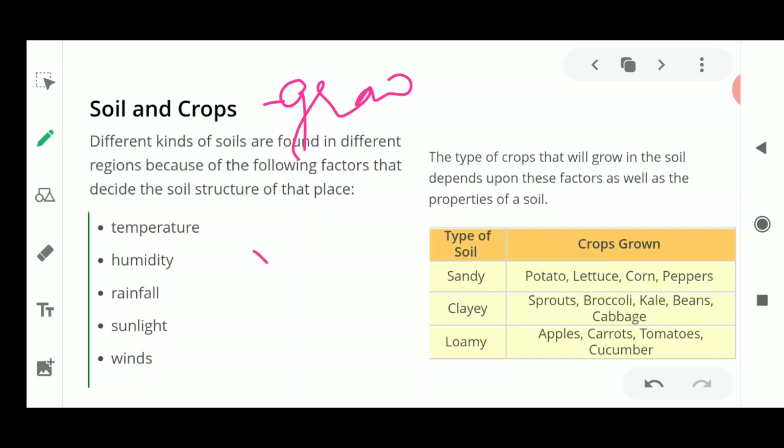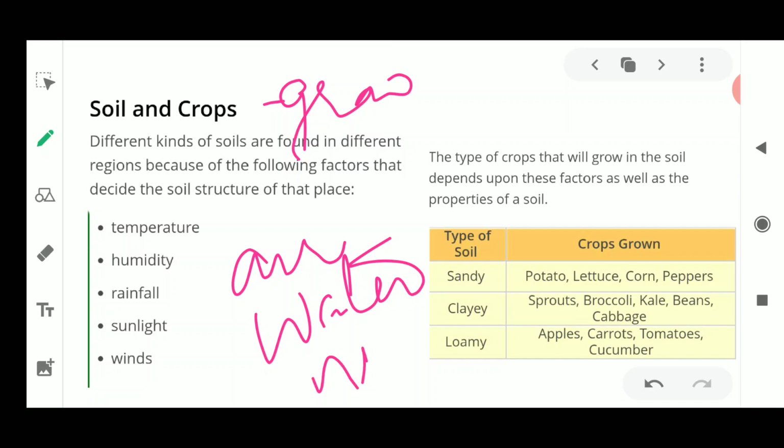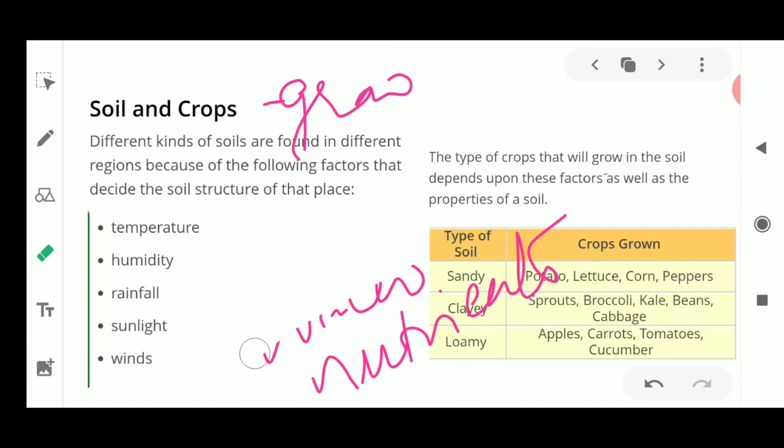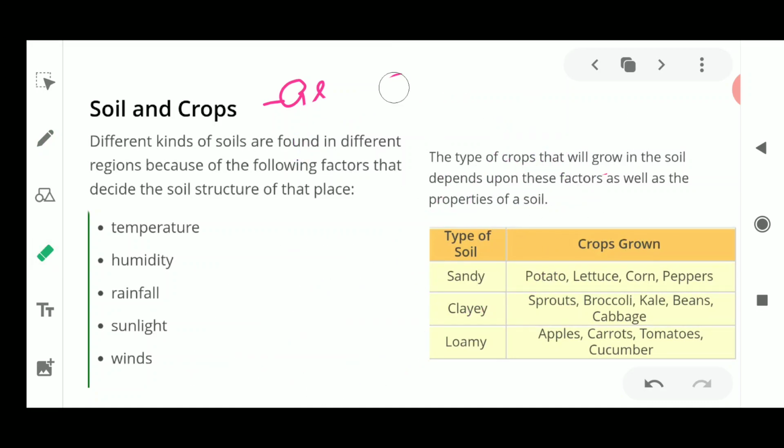Now all these, air, water and the nutrients, or minerals you could say, are coming from where? These all are coming from the soil. So soil is a very essential part for the growth of the crops. I think that makes a very clear idea in your mind that soil is very necessary for the growth of the crops.